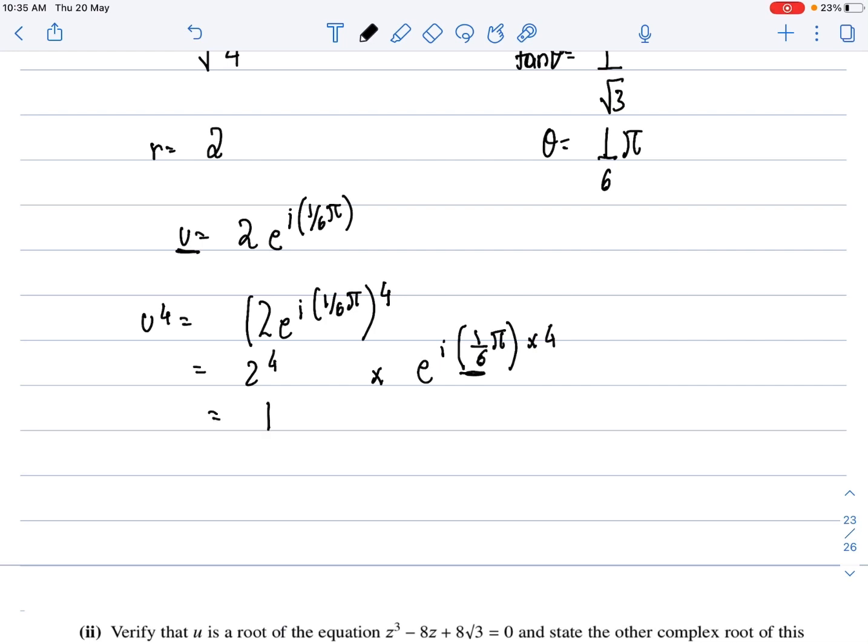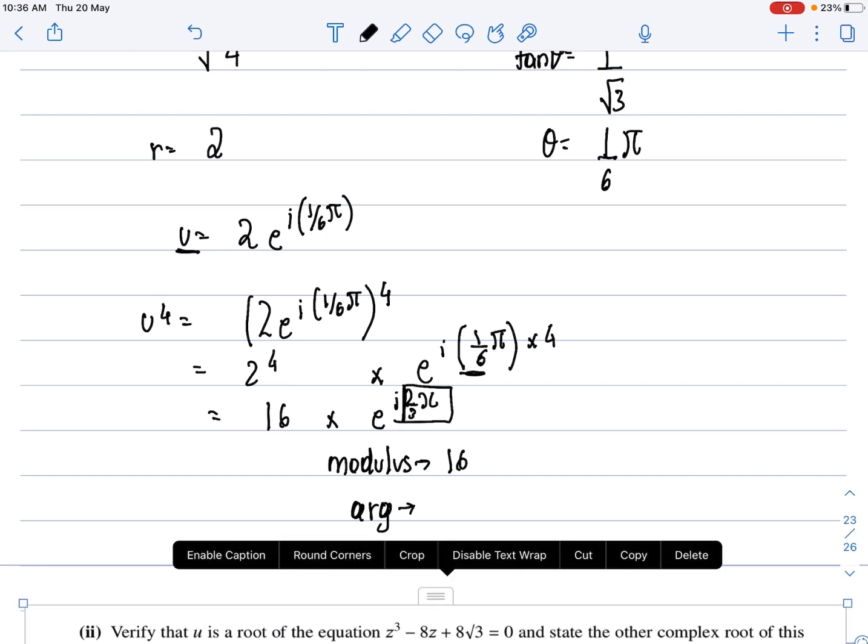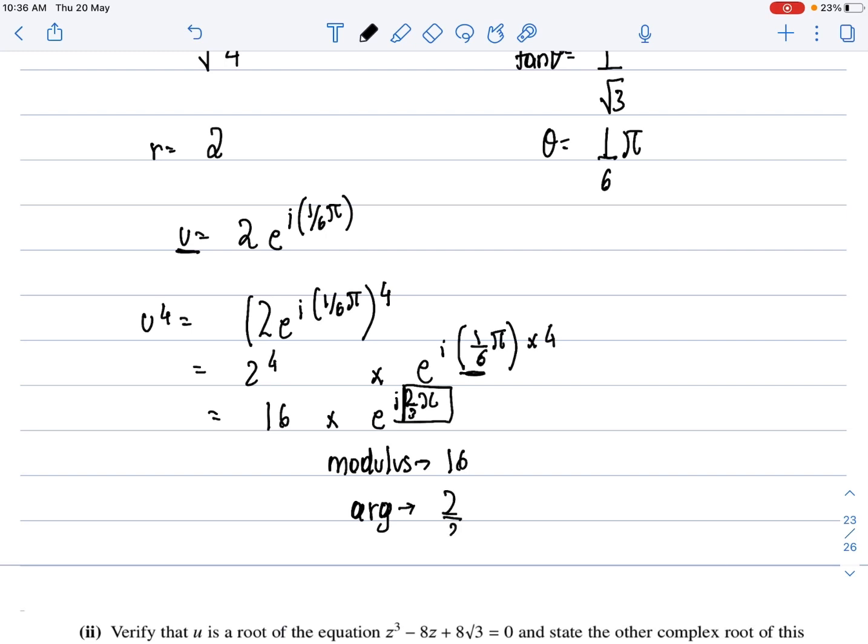So I'll get 16 here, into e raised to i times 6 pi... 4 over 6 pi, which is 2 over 3 pi. From this I can state that my modulus is 16 and the argument I have is 2 over 3 pi. This is what I can state.